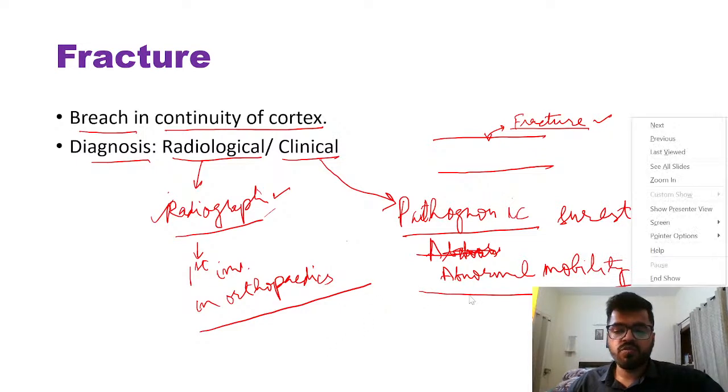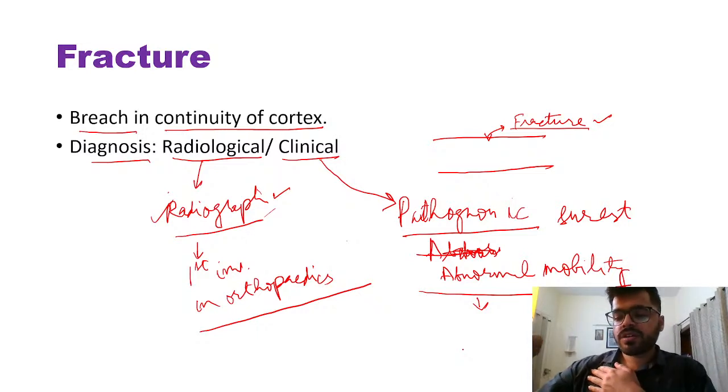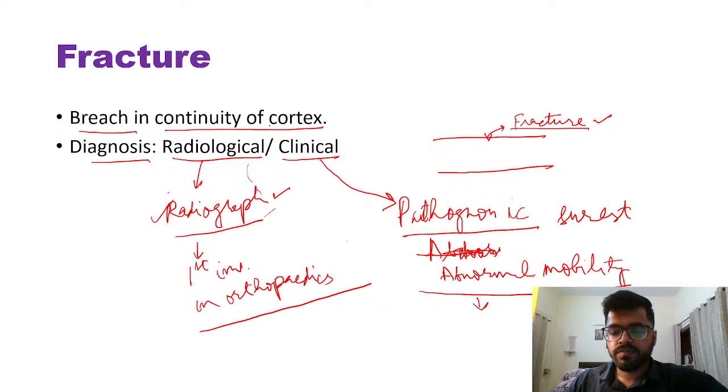It means movement is occurring at some point other than the joint. For example, your upper limb moves at the shoulder joint, it moves at the elbow joint. If it's moving somewhere here, it means there's a fracture in the humerus. Simple. So if there is some abnormal mobility other than the joint, it means there is a fracture. This is the pathognomonic sign. That means if this is there, the fracture is definite. If abnormal mobility is there, there is definitely a fracture somewhere.